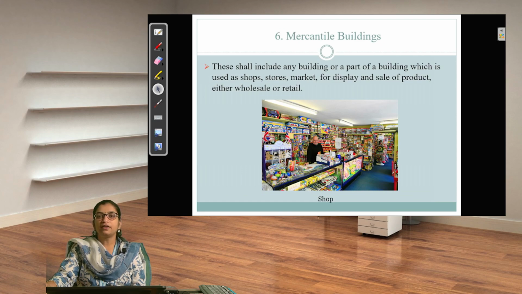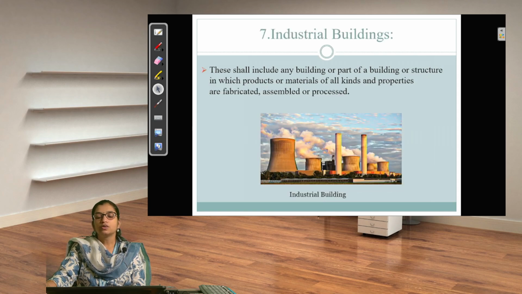Sixth one is the mercantile building. Mercantile itself indicates the building or a part of the building which is used for shops or stores or the market for displaying or selling products. Those buildings we consider as mercantile buildings. Seventh one is the industrial building. The name indicates the purpose.